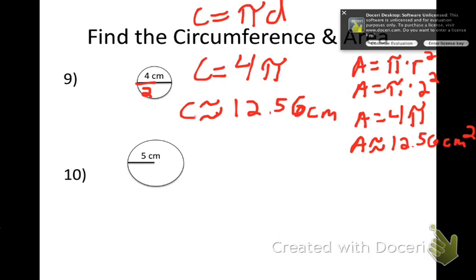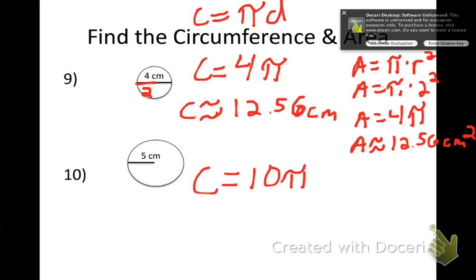Number 10. I want to find the circumference for number 10. Noah, does it give me the radius or the diameter? Radius. So what's the diameter for number 10? 10. So to find the circumference, I would take 10 times what, Noah? 3.14. Or pi. C equals 10 pi.